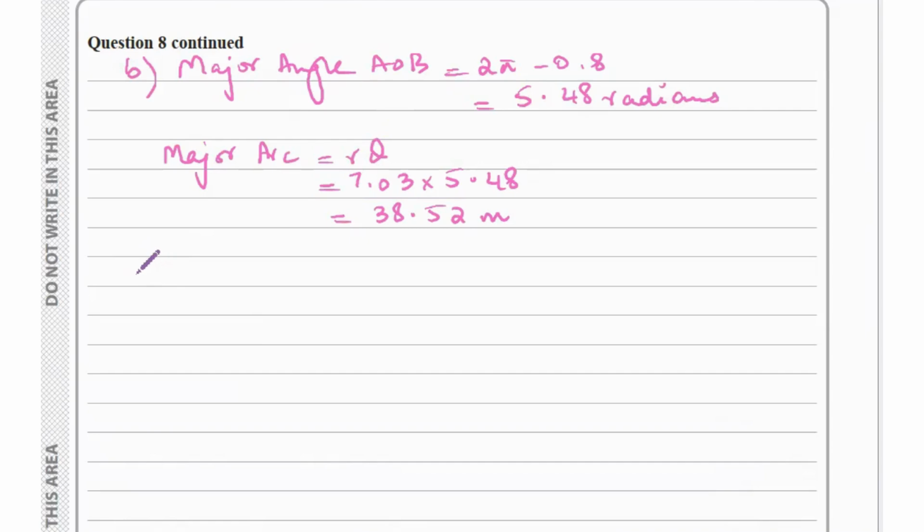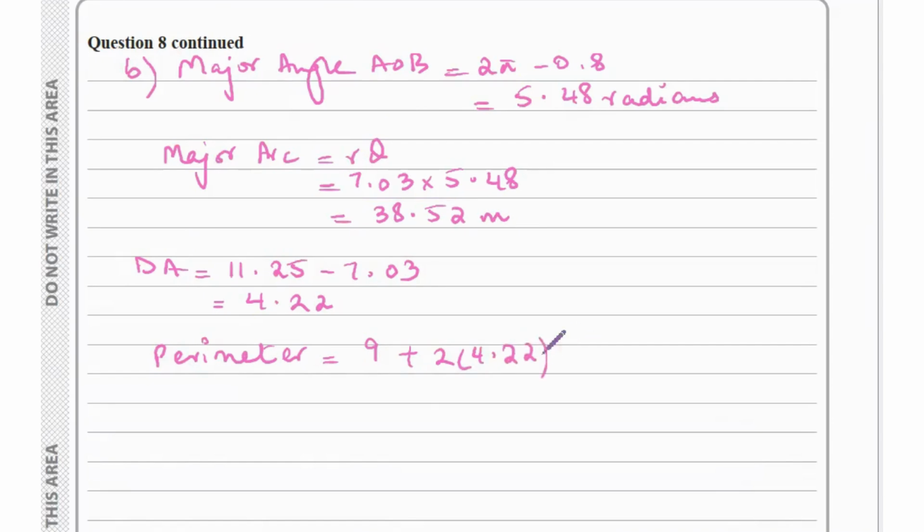DA is going to be 11.25 minus 7.03, which equals 4.22. So the perimeter is going to be 9 plus twice 4.22 plus 38.52.